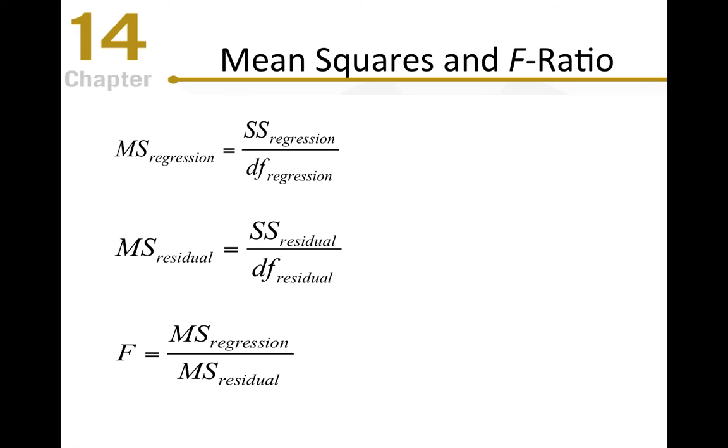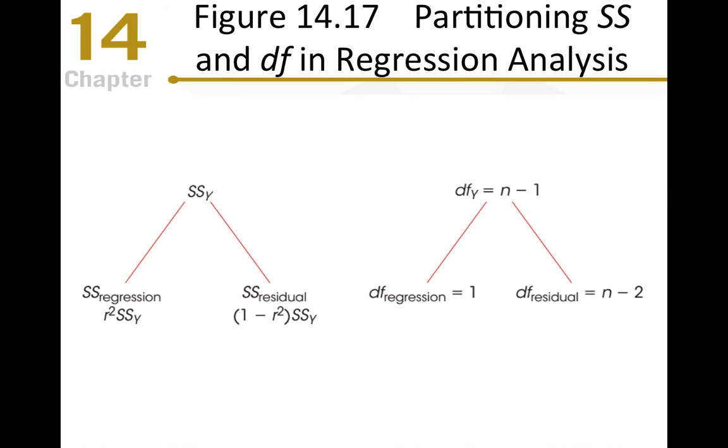And so for the MS for residual degrees of freedom, we have to remember that that's going to be n minus 2. Up here, degrees of freedom is always going to be 1 because we're interested in one regression slope parameter. And so coming down here, we put this information together, we find our F ratio test statistic, and then we evaluate it according to our table with the degrees of freedom equal to 1 for the numerator and n minus 2 for the denominator.